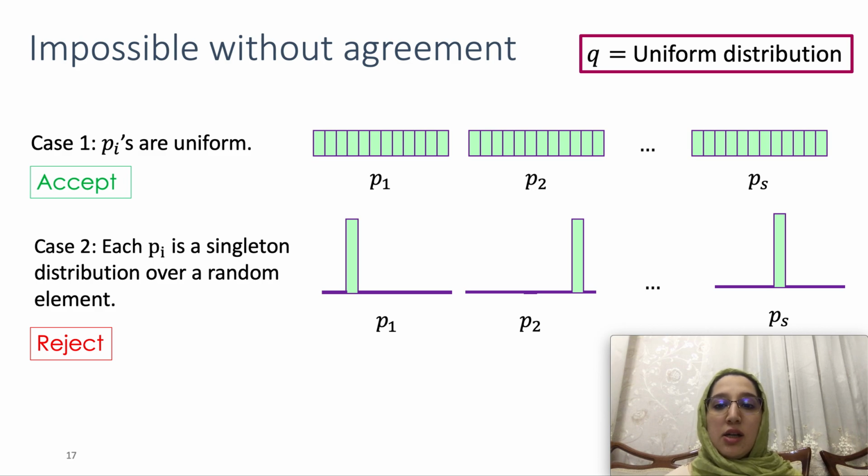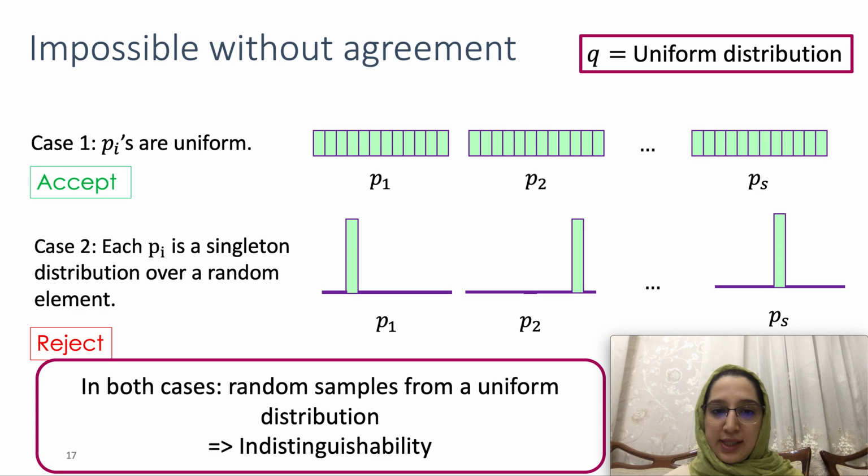However, since the singleton distributions are over random domain elements, what we eventually see from these two cases, if we draw one sample per distribution, is only a set of samples drawn uniformly from 1 to n. So these two very different cases may actually give us a very similar output, and they are in fact indistinguishable.